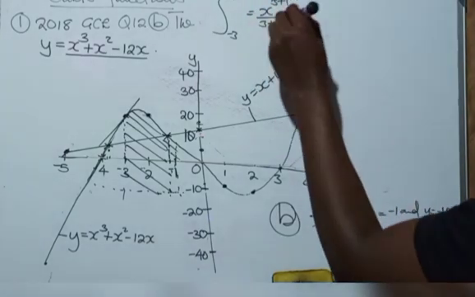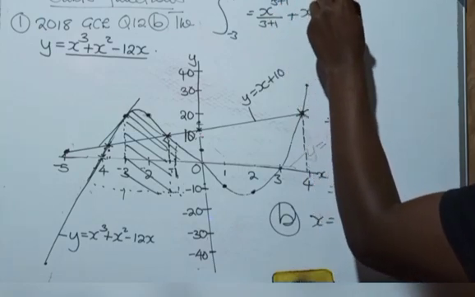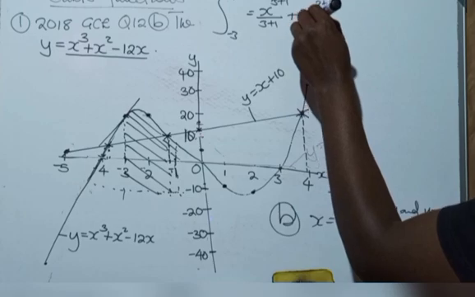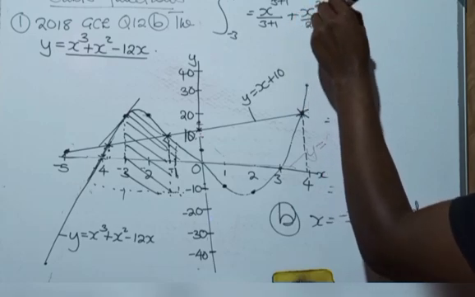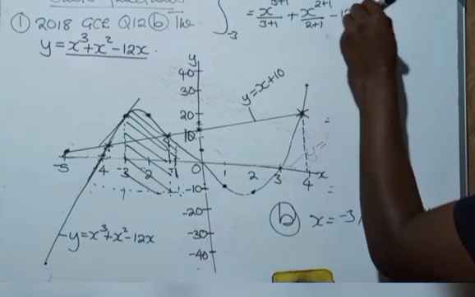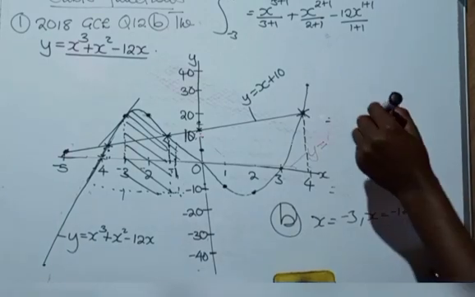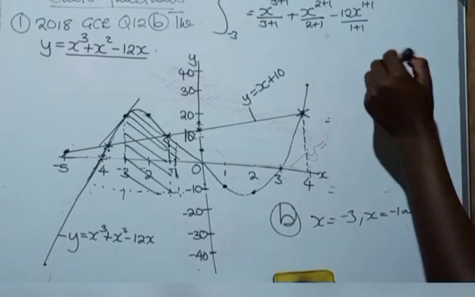Then plus x to the power 2 plus 1 over 2 plus 1, then minus 12 x to the power 1 plus 1 over 1 plus 1.